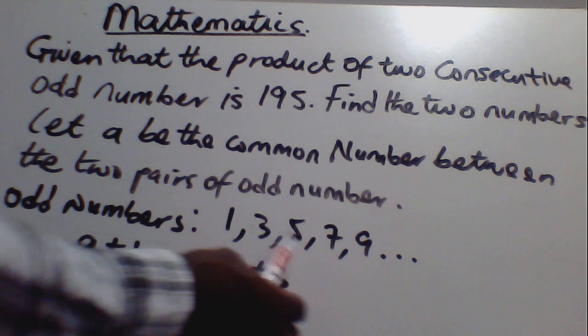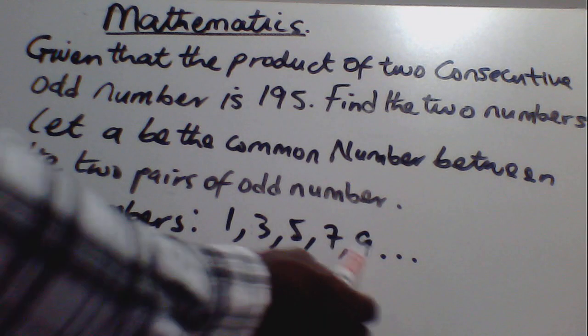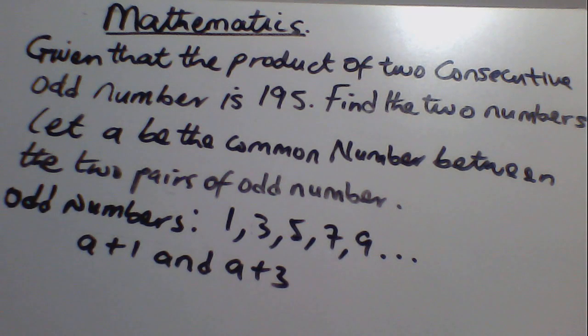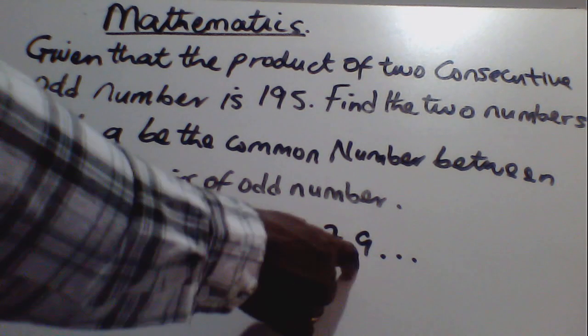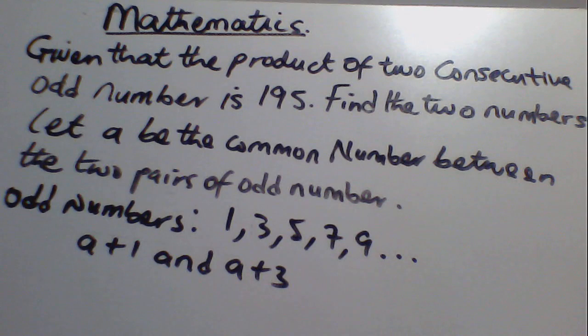Like 3 and 5 are a pair, 5 and 7 are a pair, 7 and 9 are a pair. So we say they are consecutive, not 1 and 9. 1 and 9 are odd numbers, but they are not consecutive. Odd numbers which are consecutive follow each other immediately. So in this case, A plus 1 and A plus 3 are the two consecutive odd numbers.